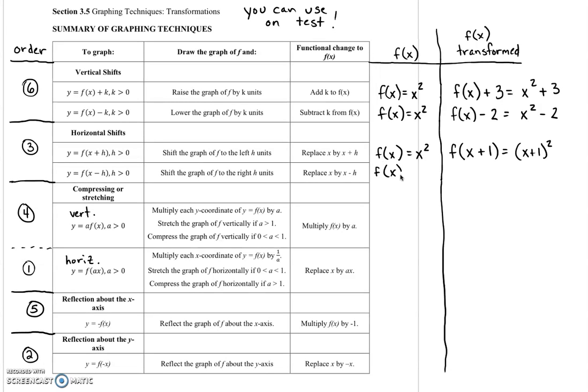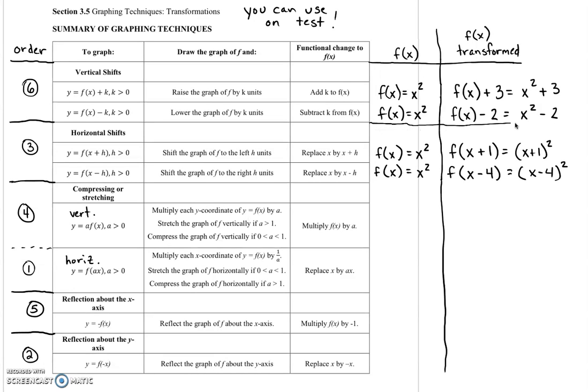Shifting right is the same thing, but we're doing it inside. So we're evaluating f of x minus 4, and it's a negative because horizontal shifts are backwards from what we think, right?